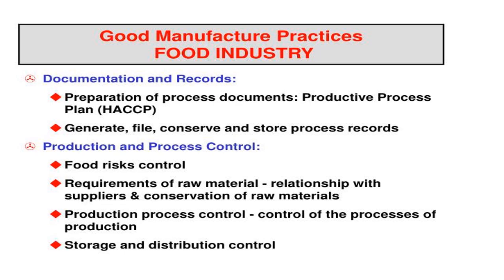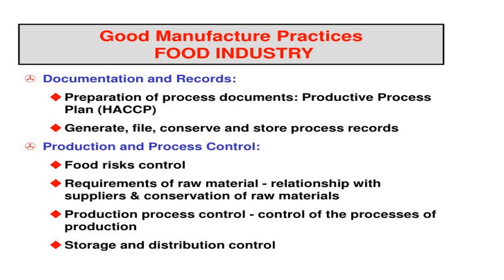The first part is documentation and records, that is preparation of process documents, productive process plan including HACCP, which we will discuss separately, and then generate, file, conserve and store process records.